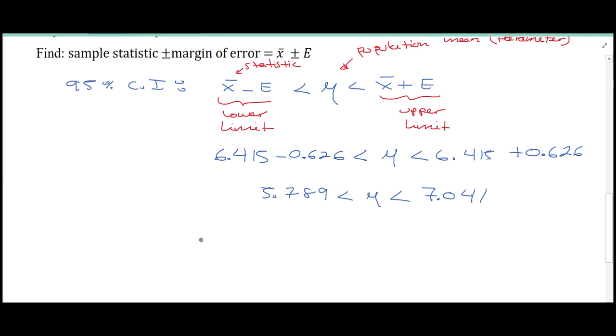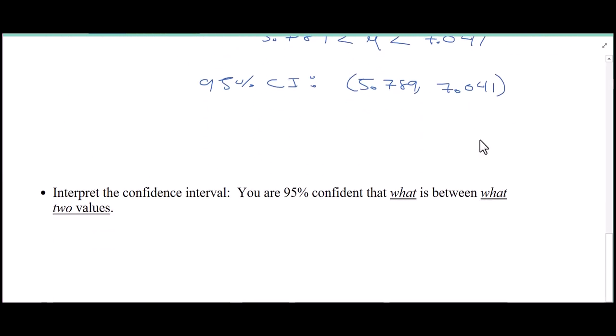So you can write it like this, or you can also write it in the interval form, which will be (5.789, 7.041). So this will be in interval notation, right? But then you can also say the population parameter mu is between the lower limit and the upper limit, which is already kind of interpreting the confidence interval.